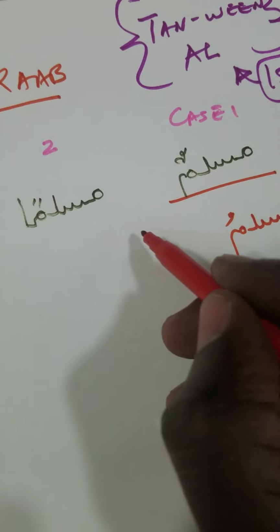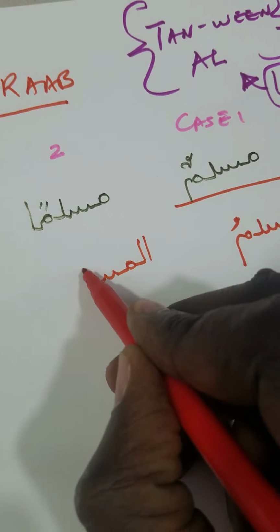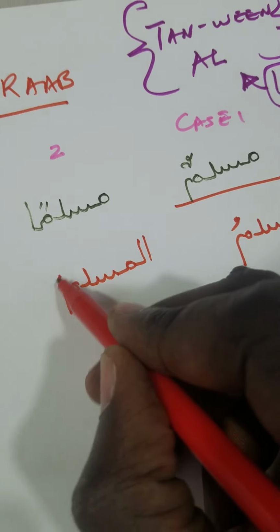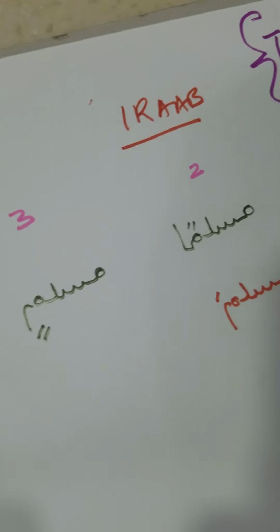Okay, and what will this become? This will become al-Muslima. And what will this become? Al-Muslimi.